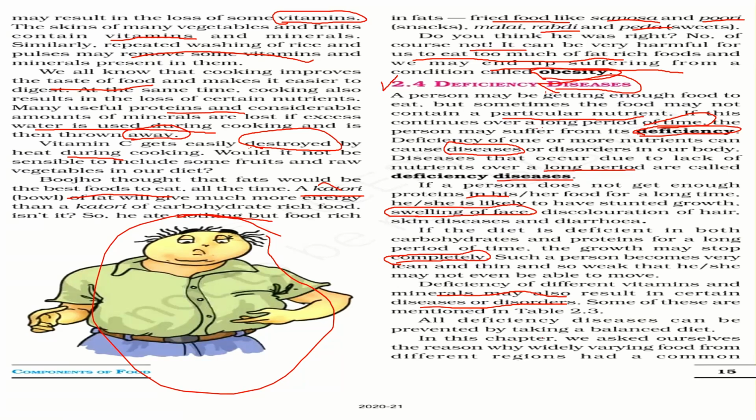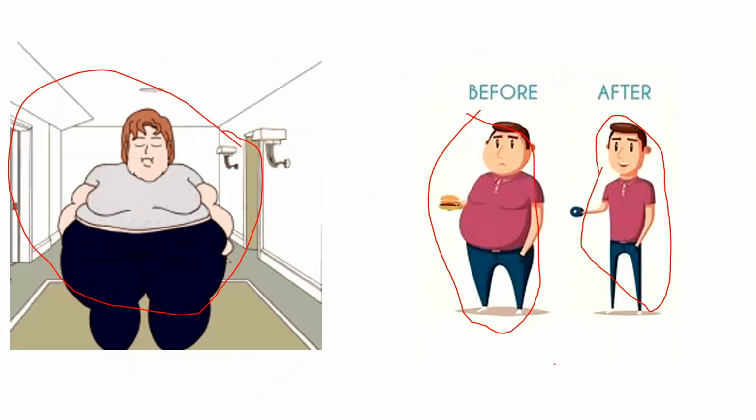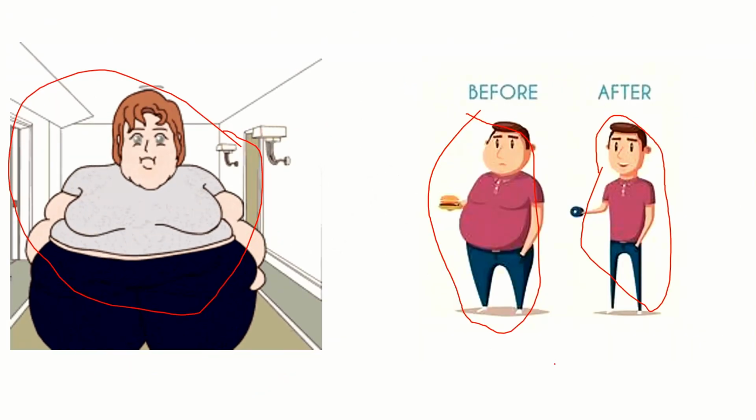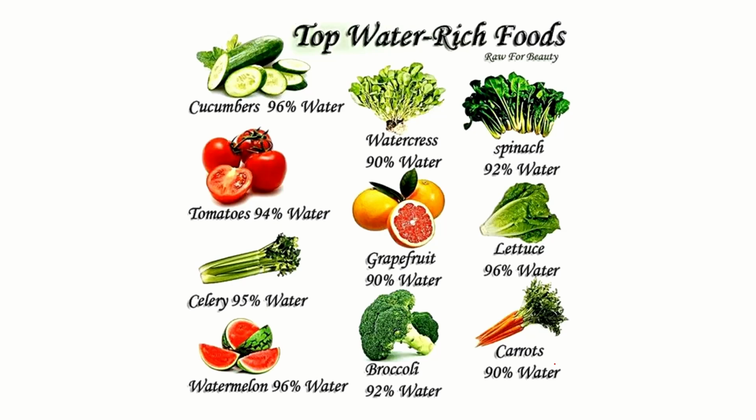In this chapter, we asked ourselves the reasons why widely varying foods came from different regions. We have seen how we get obesity, and I will show you some of the top water-rich foods. Some of you are not drinking any water in school.